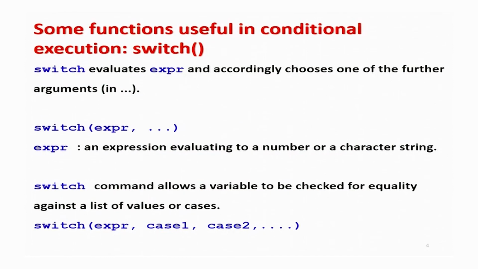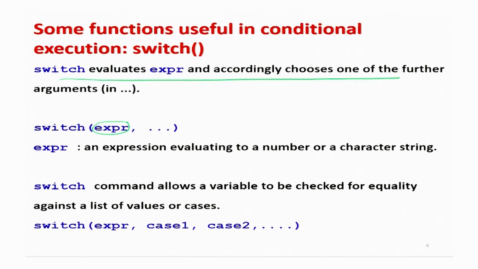So switch actually evaluates an expression and accordingly chooses one of the further arguments inside the parenthesis. For example, there is some expression, which can be a number or a character string, which you want to evaluate, and then there are several options and you want to match this expression with those options.